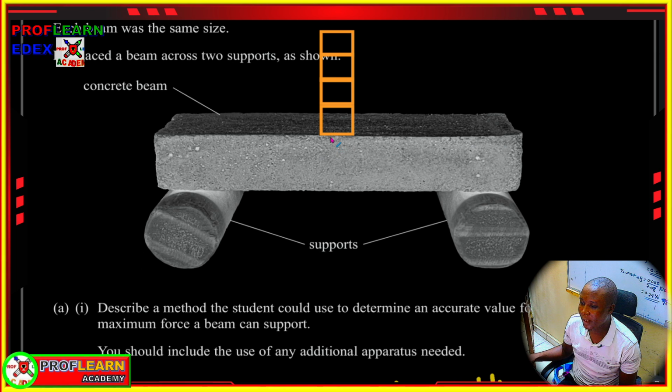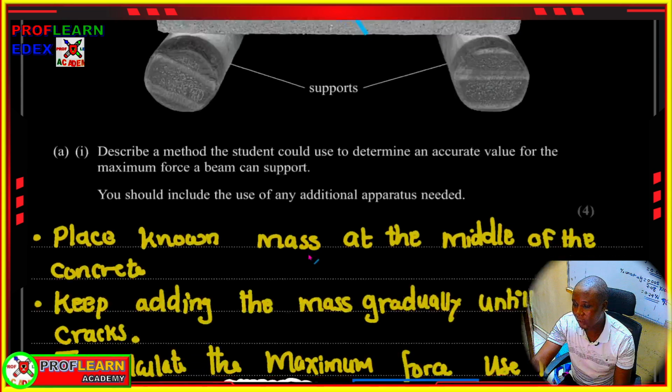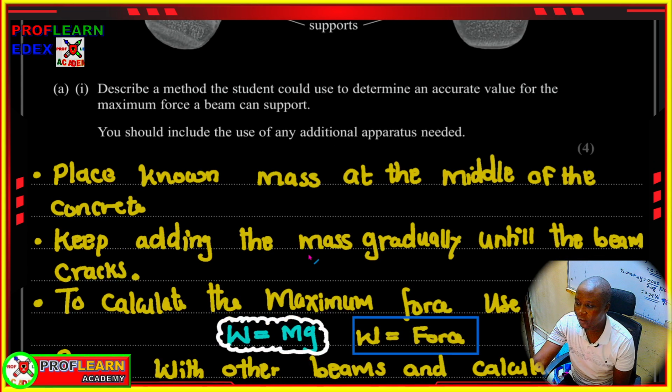If we realize there is a given number of masses that makes it crack, then we can work out the weight of the masses that we added for it to crack. So in that way, we place a known mass at the middle of the concrete and keep adding masses gradually until the beam cracks.